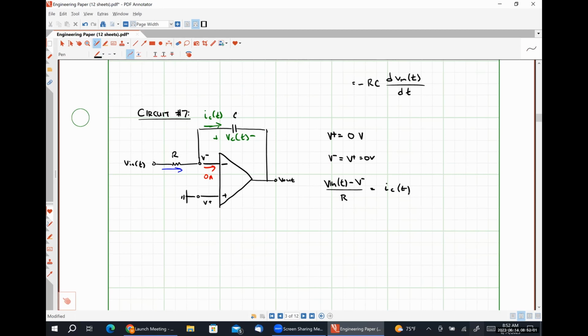Or, since V− is 0, actually, let's rearrange this really slightly. We could see that IC is equal to Vn divided by R, right?